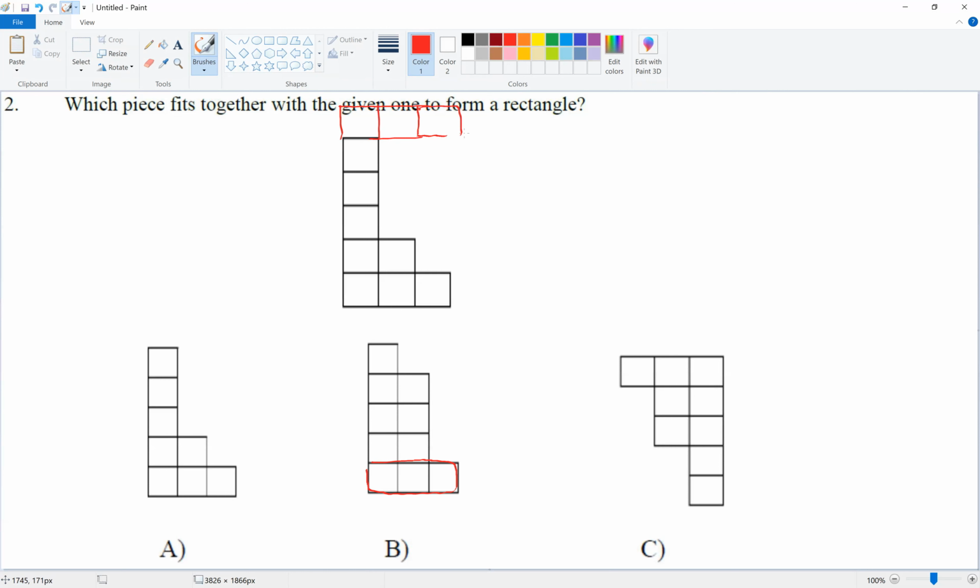Correct? Yeah, so I got A. And then you have 2, 2, 2, 3 times. And then finally you have 1, which will go here. Correct? Mhm.